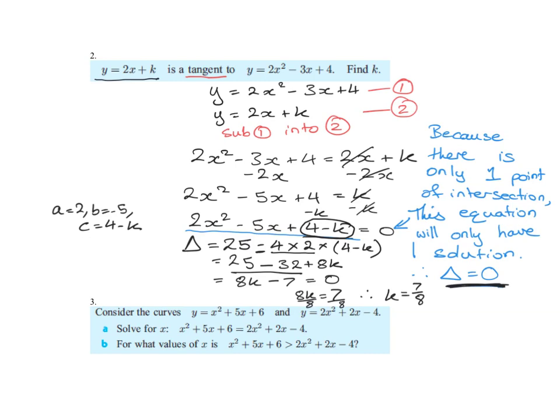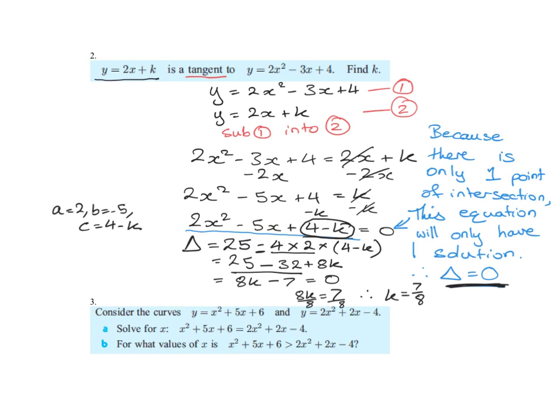But if they just tell you to show that it only has one point of intersection or 2 points of intersection, then you can use the discriminant to show whether it's equal to 0 or positive. That's one thing you can do. In this example, they told us it only has one solution by telling us that it's a tangent, and therefore we can use the fact that the discriminant would equal 0 to find k. So it's important to know what strategy to use.